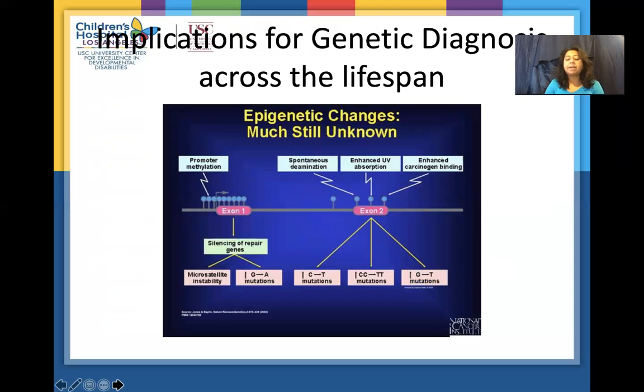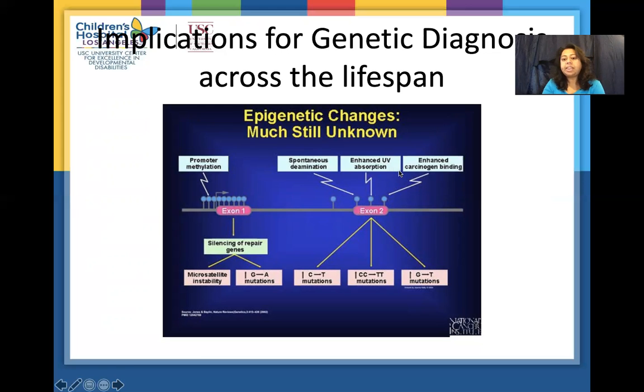When it comes to thinking about these epigenetic changes, we still have a lot to learn. When we look at cancer genetics, for instance, we've come to realize that there is a huge role that the environment can play in turning off and turning on genes that relate to cancer.